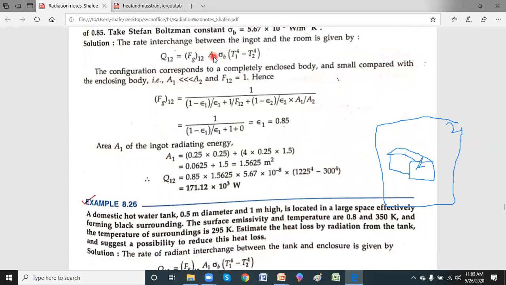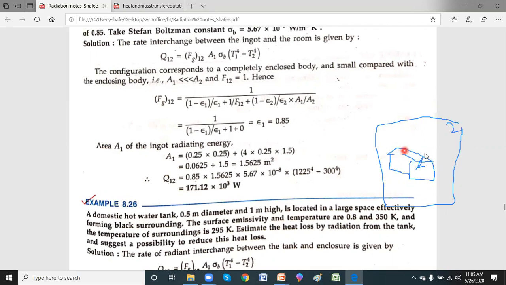Now, what is A1? This is the area of the casting, which is like a rectangular parallelepiped. To find the total area of the ingot or casting, first you have this surface of 0.25 into 0.25, plus the walls: 1, 2, 3, 4 walls, 2 bottom and 2 sides.